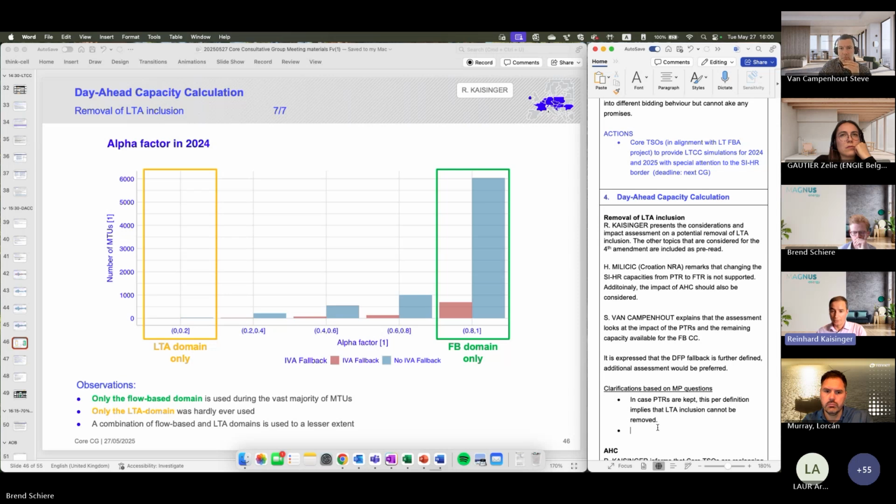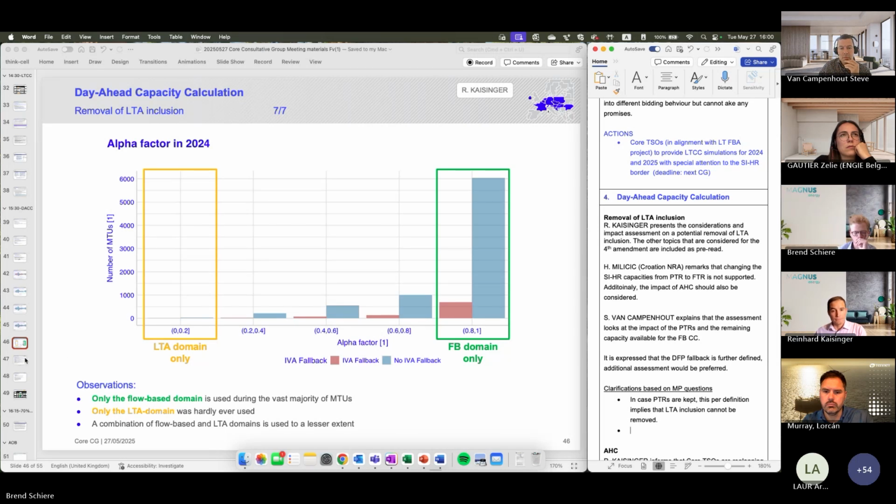So for both data sets with IVA fallback and without IVA fallback, we do see similar trends. So there does not seem to be an indication that in case of IVA fallbacks, even today, the LTAs come immediately to the rescue and offer a much larger set of capacities.